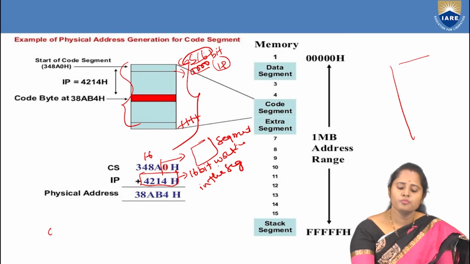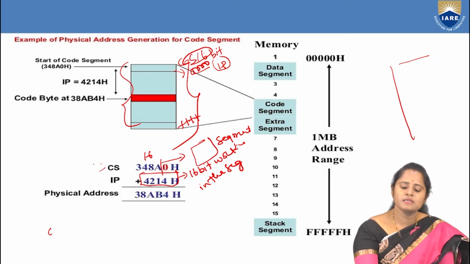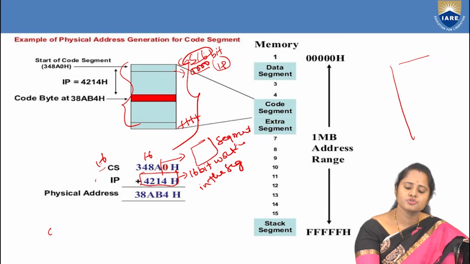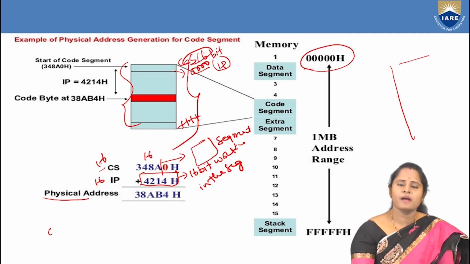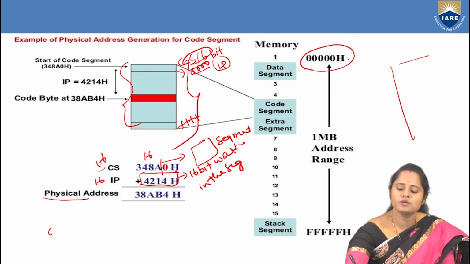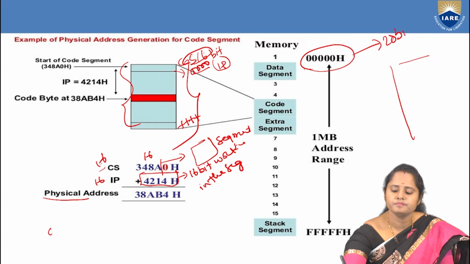So here CS is 16-bit and the instruction pointer is 16-bit, but the memory I am having, 1 MB, is denoted by 20 bits.